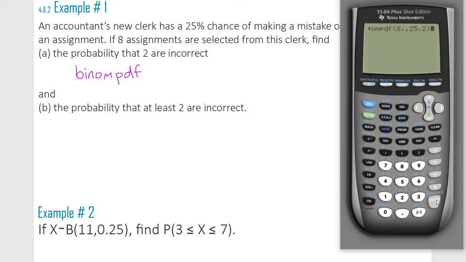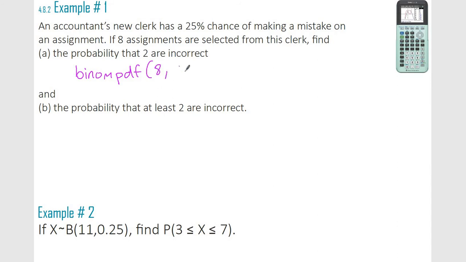All right. We plug that in and notice how it is written. So you want to put it as 8, .25, and then 2. This is the number of trials. This is the probability of success, and that is how many you want.